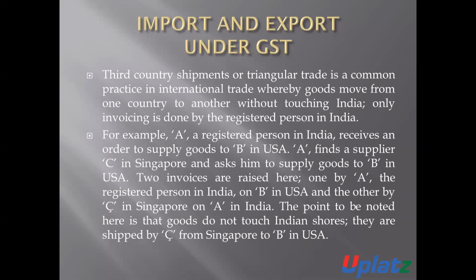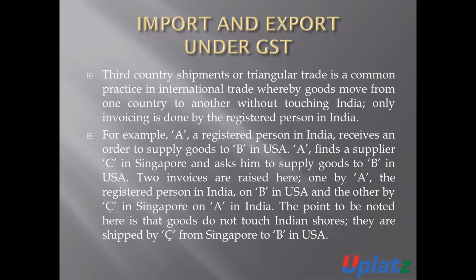Mr. A is registered in India. He received an order to supply goods to B in the USA. A finds a supplier C in Singapore and asks him to supply such goods to B in the USA on my behalf.